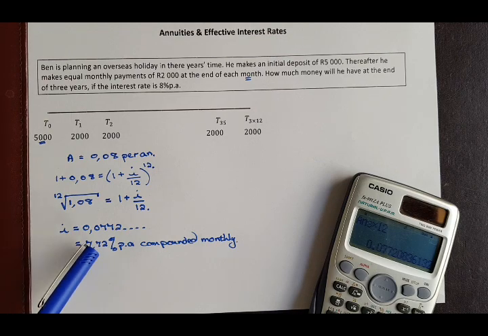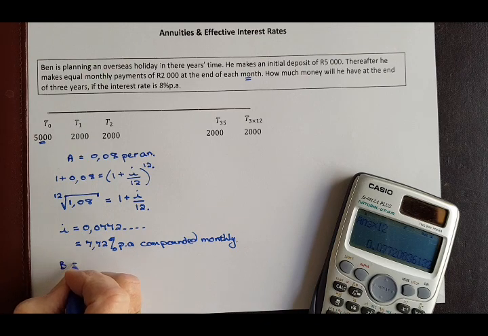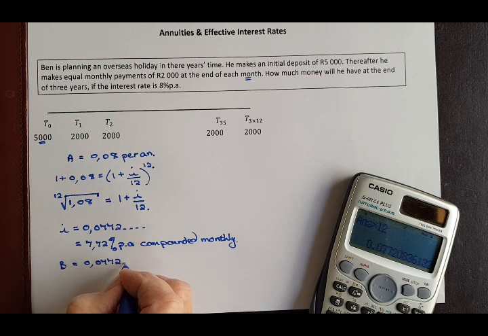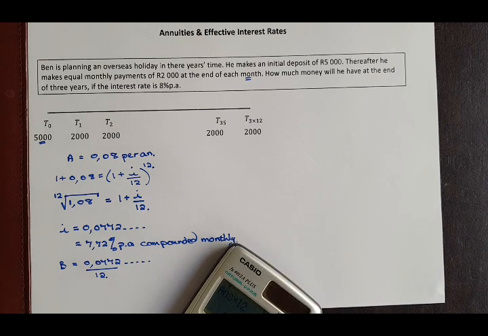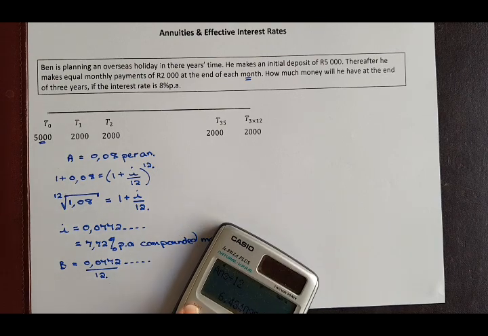Right, so I'm going to store, this is compounded monthly, so in memory B, I'm going to put this 0,0772, etc., divided by 12. All right, shift store B. And I had put 0.08, shift store A.